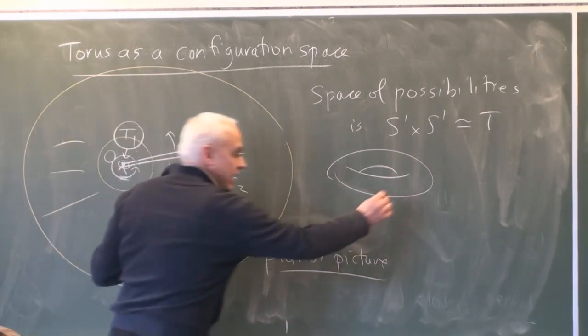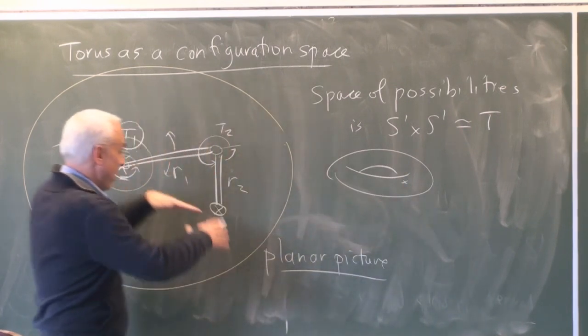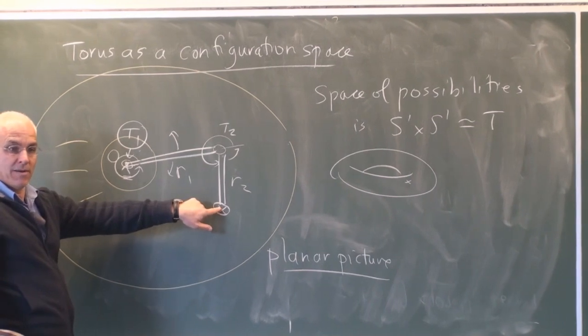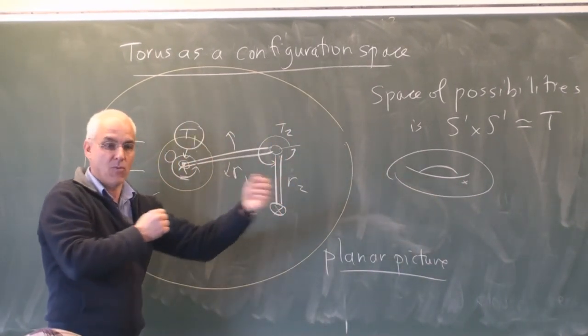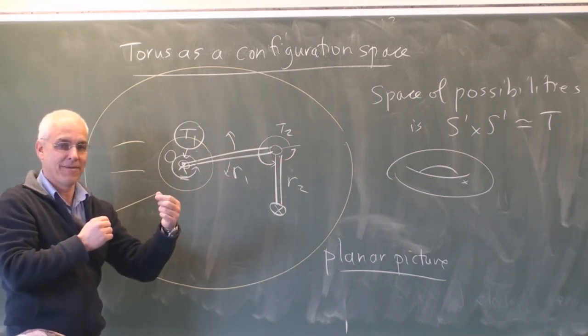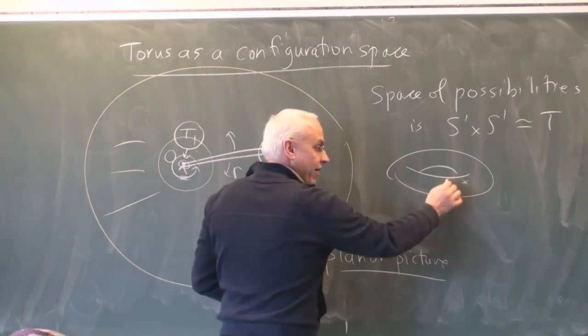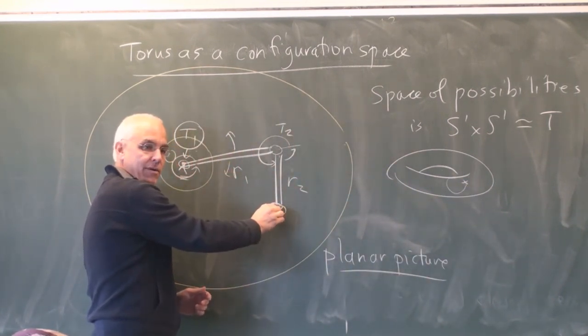Clearly, any point in this configuration space corresponds to a configuration of these arms, and that gives a final point. But this map from a point here to a point here is not one-to-one. There will be different configurations over here that map to the same point over here.